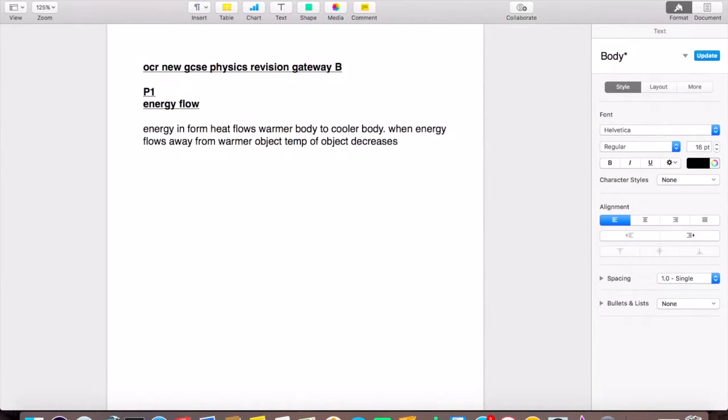So, energy in the form of heat flows from a warmer to a cooler body. When energy flows away from a warmer object, the temperature of the object decreases.